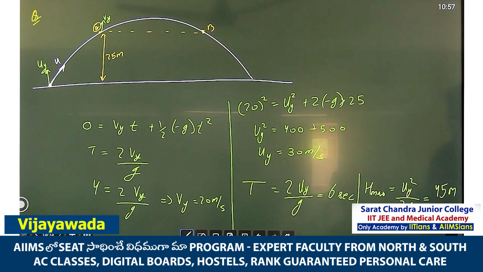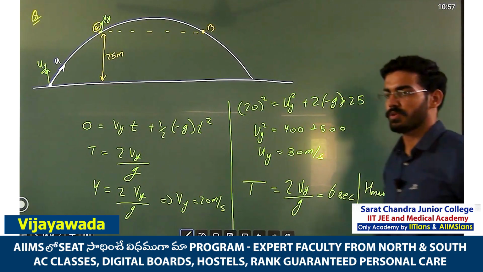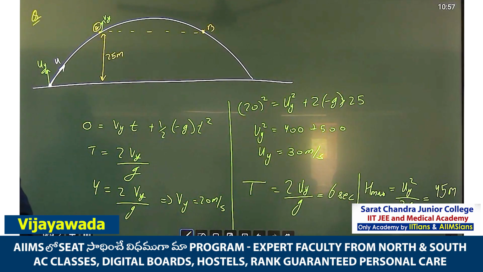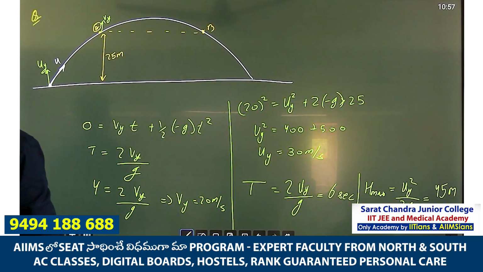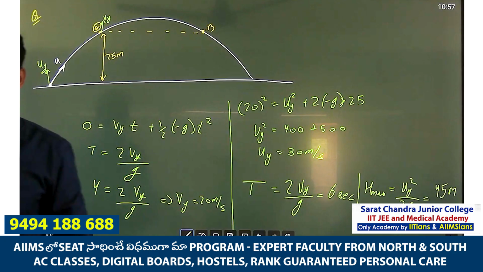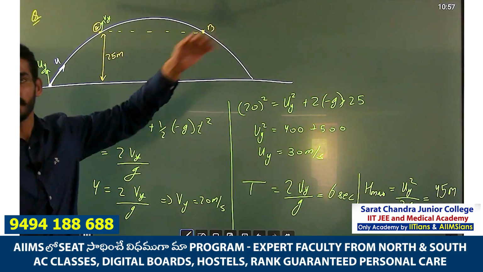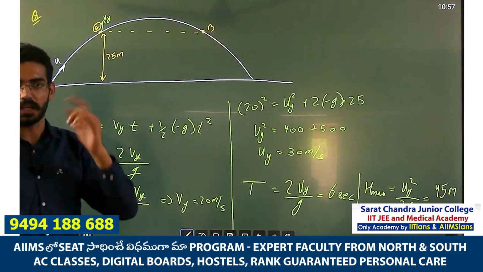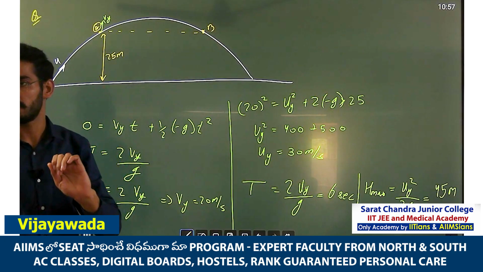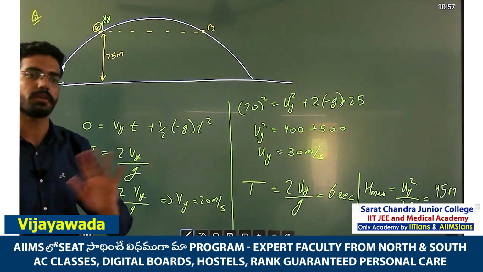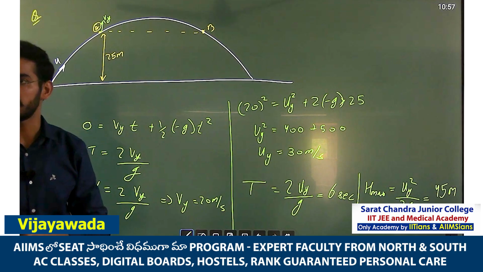That's it. Because he asked me the time of flight and the maximum height only, we don't need the horizontal things. Only solve in vertical. Because he's talking about time only here, solve in vertical. If he's talking about the time between any 2 points, then you solve in vertical. If he is talking about horizontal displacement, then particularly solve in horizontal. Otherwise, there is no need.